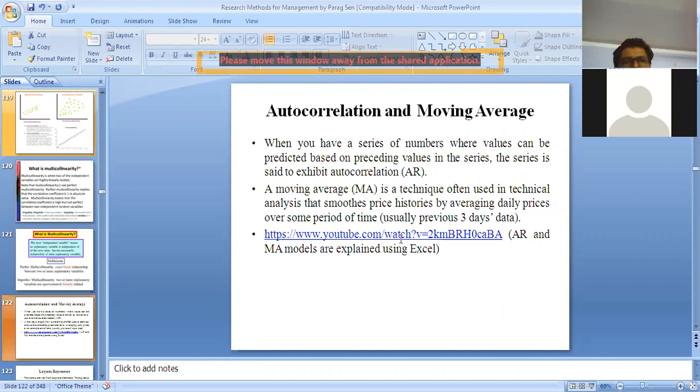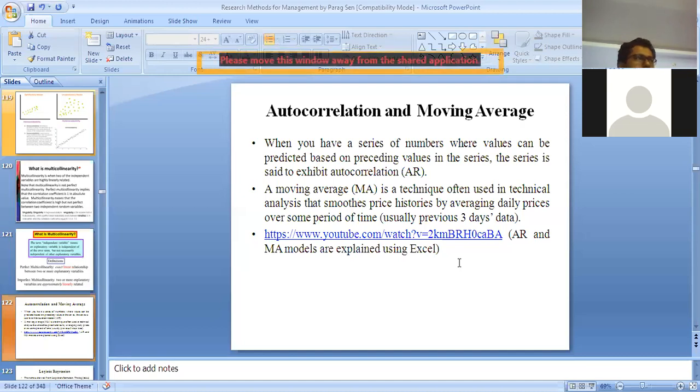And there are different types; I have given you one link, you can follow this link. Apart from that, you will also find different types of moving average on YouTube. For example, weighted moving average is a technique where you give more weightage to the current data and less weightage to the previous data.